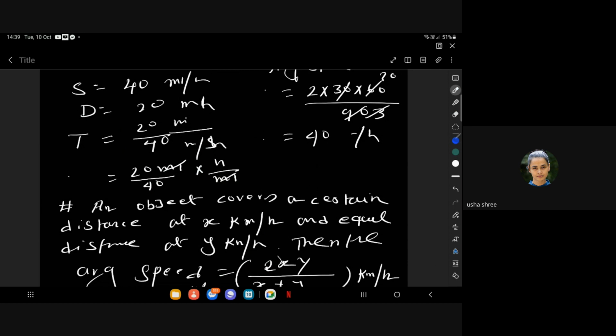Otherwise, if your units are the same, no need to write like this. So it will be half hour. Half hour means half into 60, so 30 minutes.